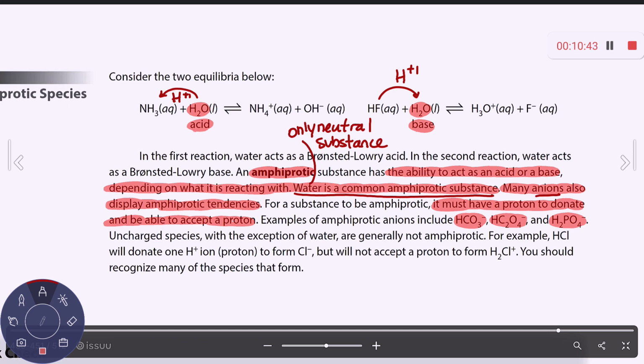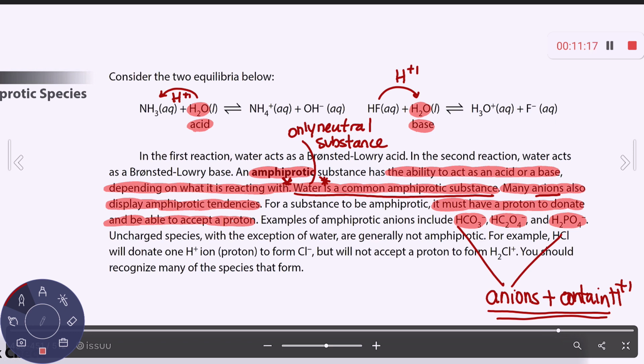They all are anions. Plus, they all contain a hydrogen. Okay, so memorize: water is the most common amphiprotic. The other ones are anions with a hydrogen. Period. We're going to do quick check number 3, and then you can work on your homework.